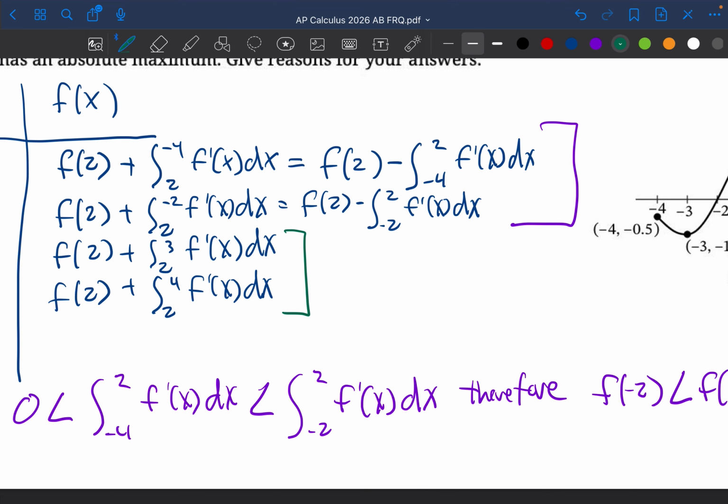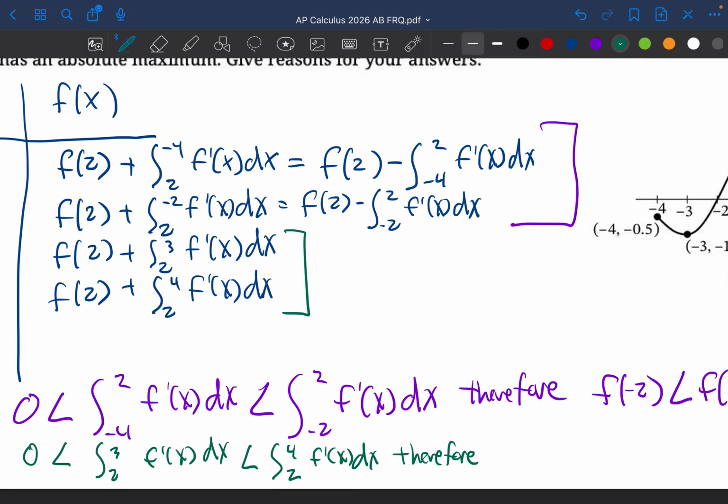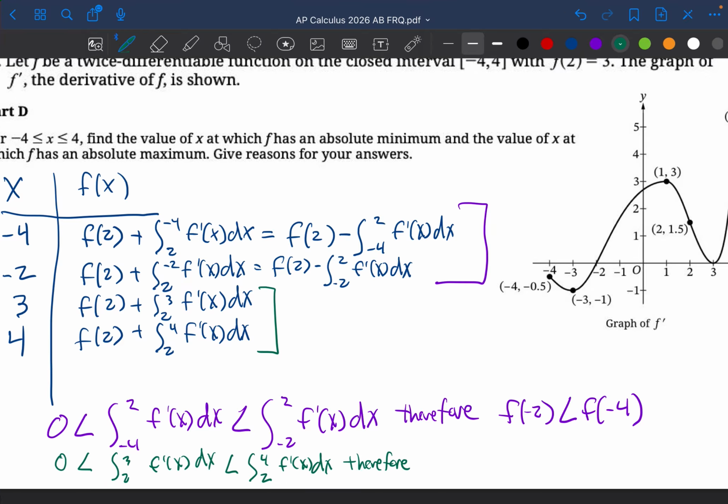So 0 is less than the integral from 2 to 3 of f prime of x dx, which is less than the integral from 2 to 4 of f prime of x dx. Therefore, we can say that f of 3 is less than f of 4.